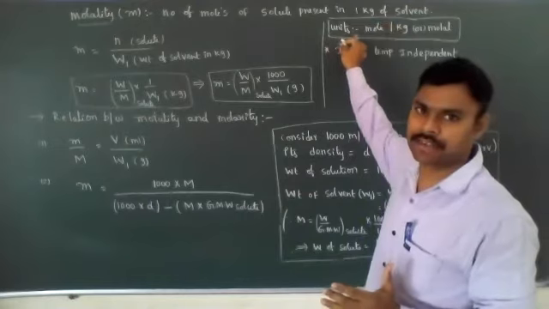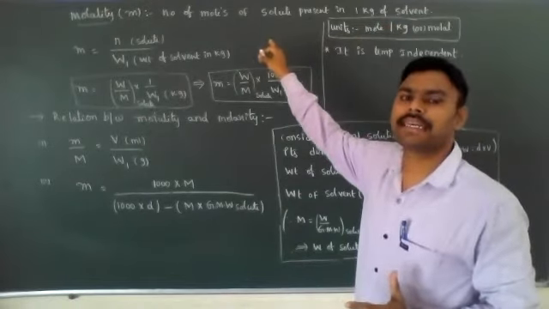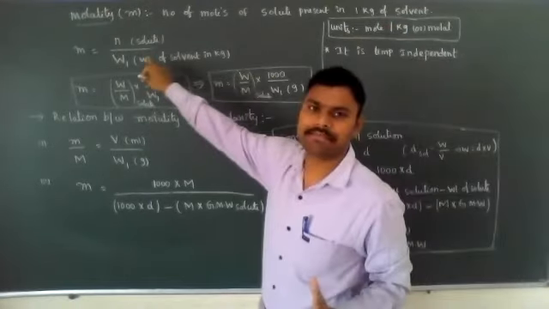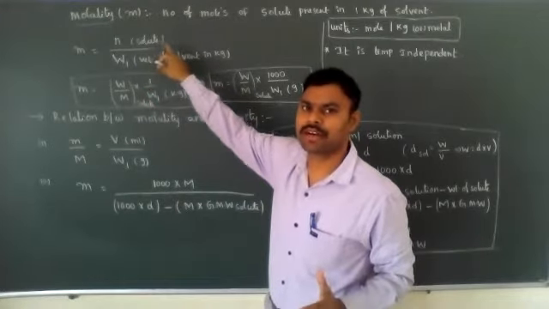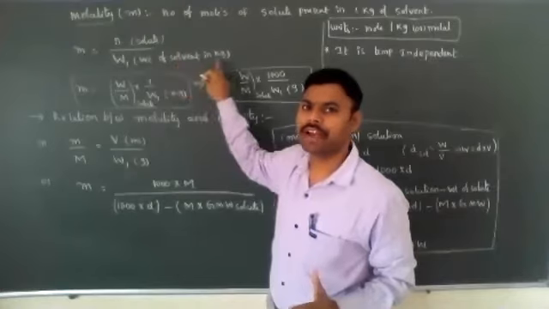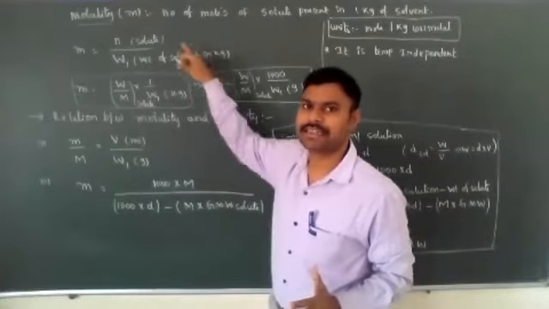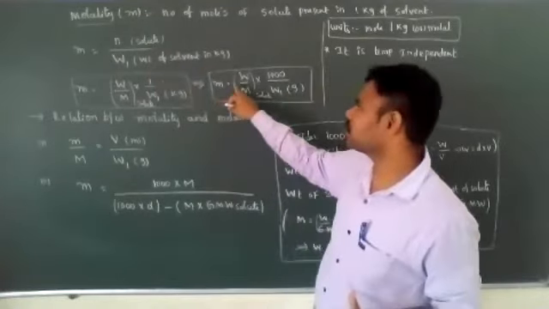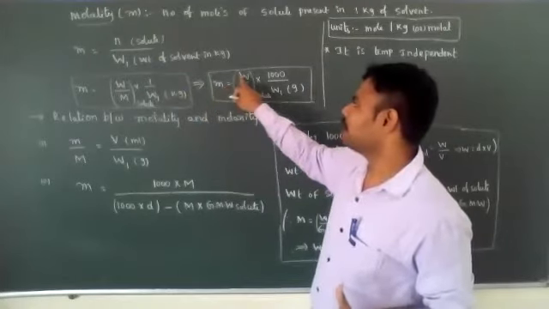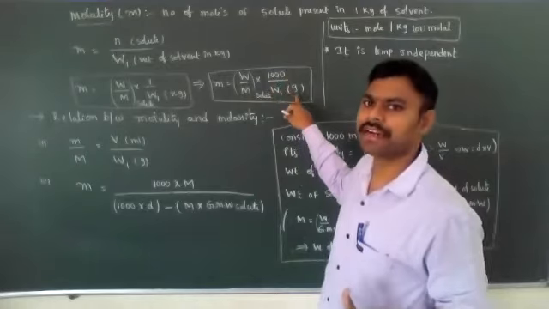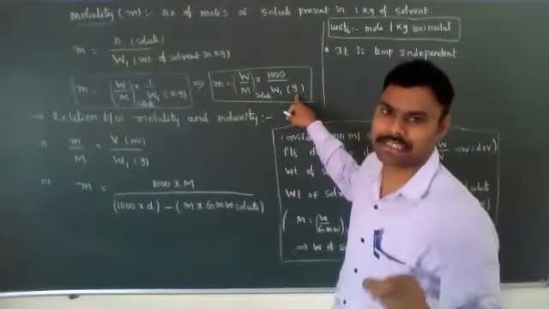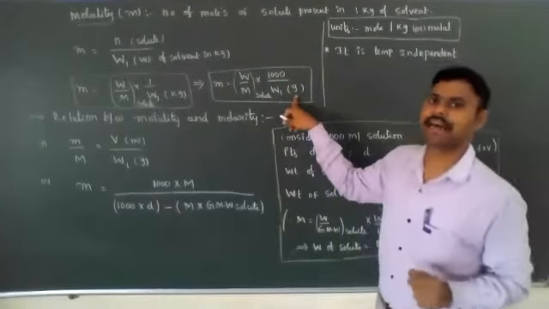So molality is n, the number of moles of solute, by weight of solvent in kgs. I converted that into weight by gram molecular weight of solute into 1000 by weight of solvent in grams.